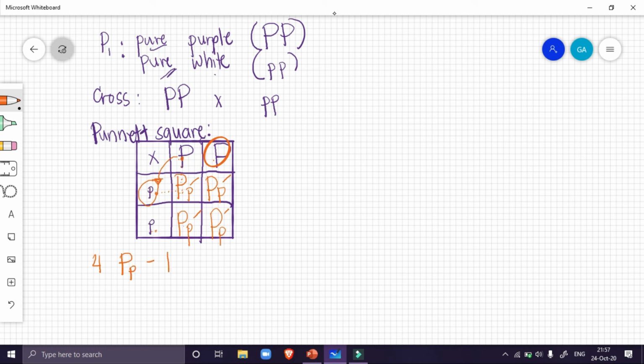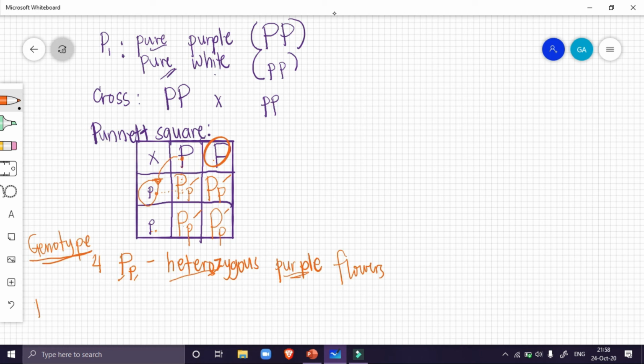That is heterozygous purple flowers. Heterozygous. Hetero, it will follow which is dominant. So, 4 na purple flowers yung ating na-produce. So, this is what we call as the genotype.